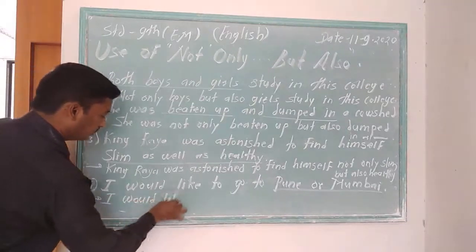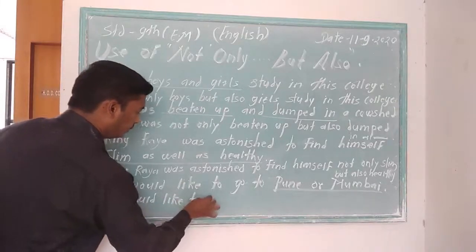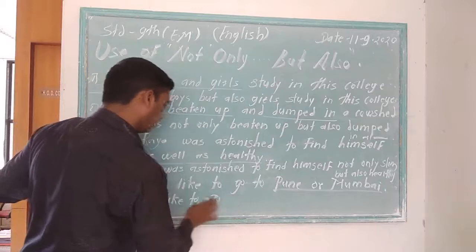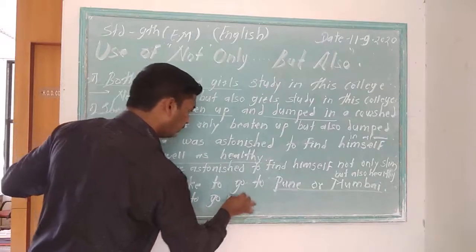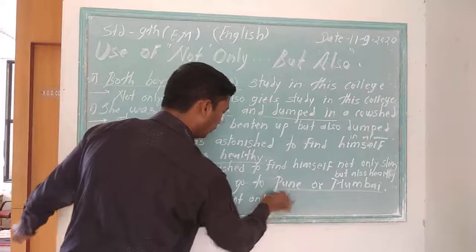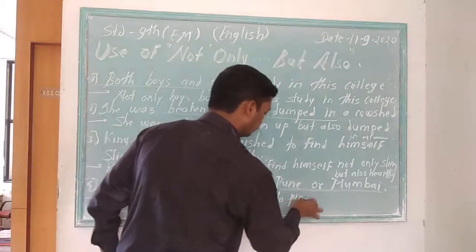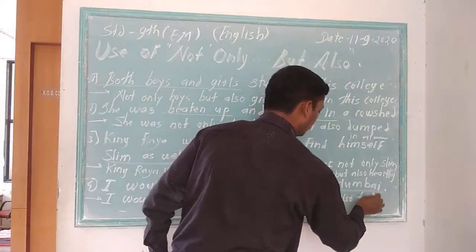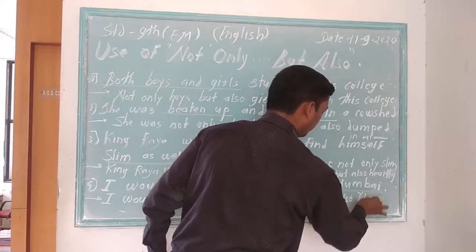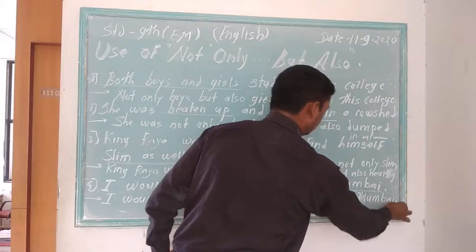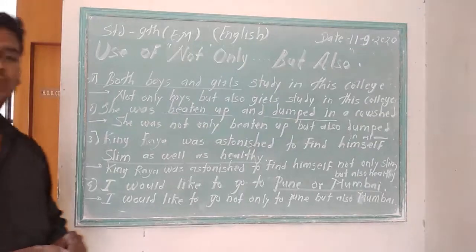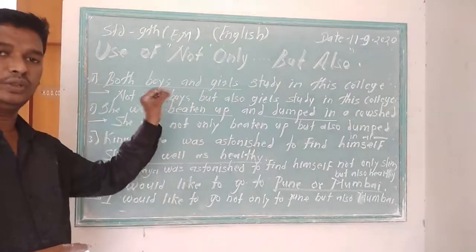I would like to go not only to Pune but also Mumbai. In this way, we can use not only but also in the given sentence to join two things.